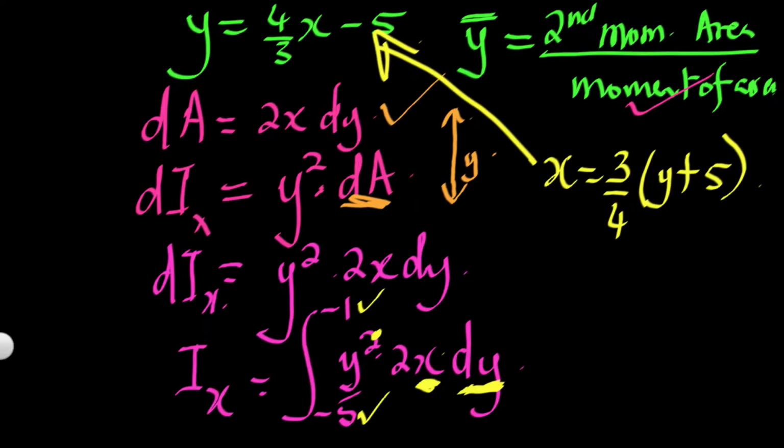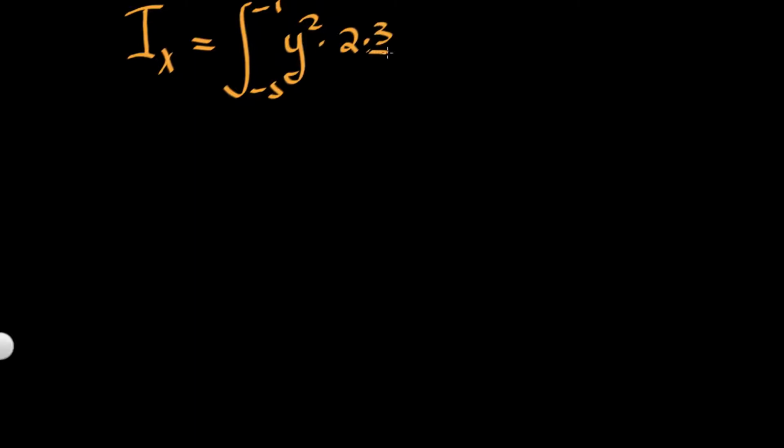So I'm going to clean the board, then I go to the next step. Now Ix, which is our second moment of area, is equal to the integration from -5 to -1 of y squared times 2 times 3 over 4 times y plus 5 dy.